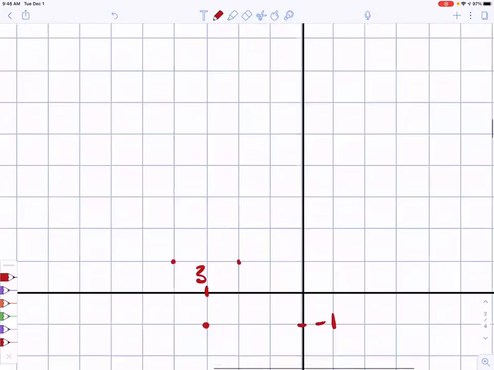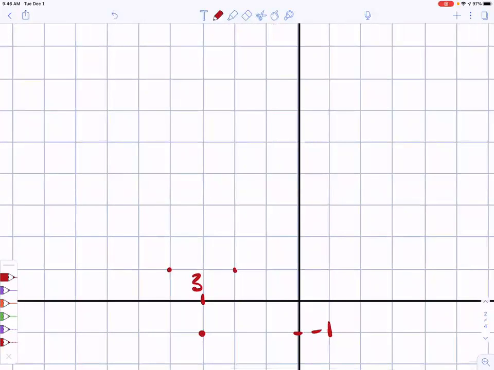And then I'm also going to go right 2 and left 2, up 8, because the normal parent is up 4. We want to go double that. So go back to the vertex, right 2, up 8, 2, 4, 6, 8, and left 2, up 8.